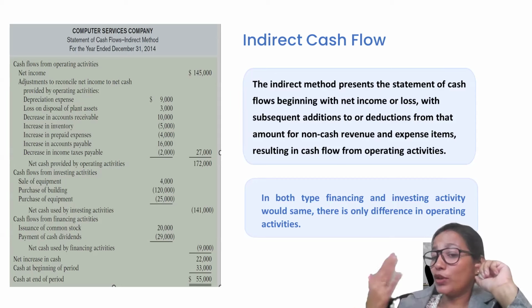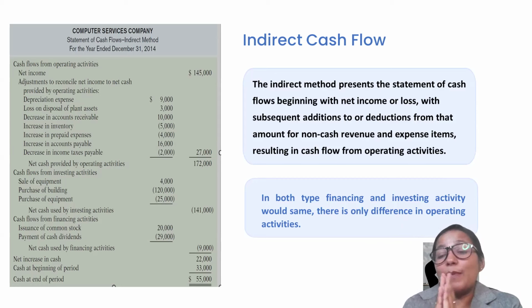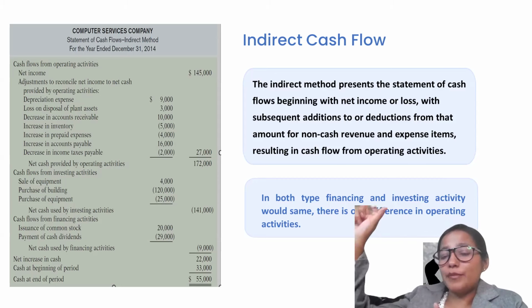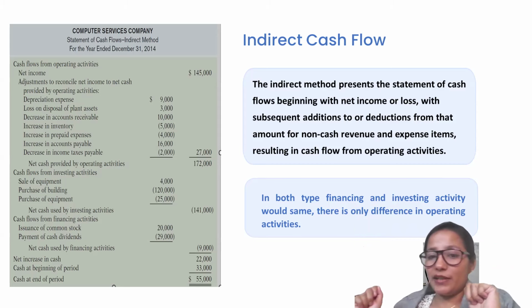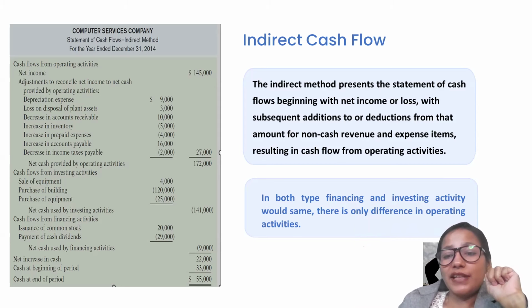I'm going to explain why we do this when we discuss the practical example and related topics. For now, remember that we start from net income, make a few adjustments, and then find the cash flow from operating activity. In both types, financing and investing activities are the same; the only difference is in operating activity.